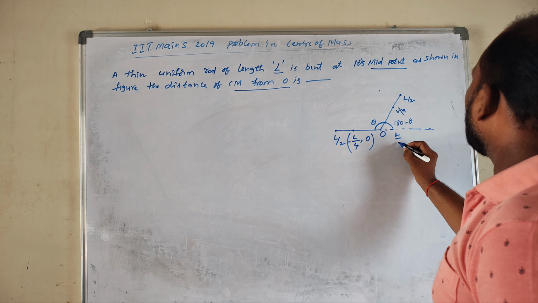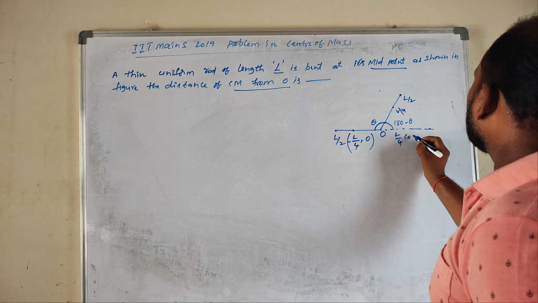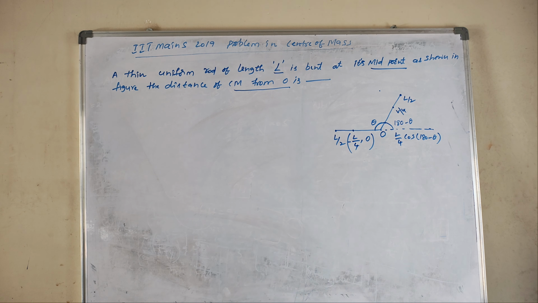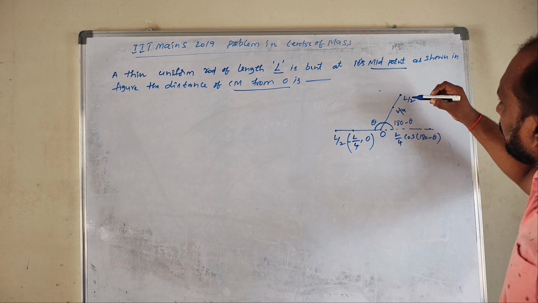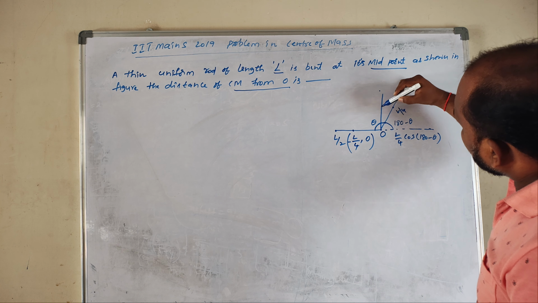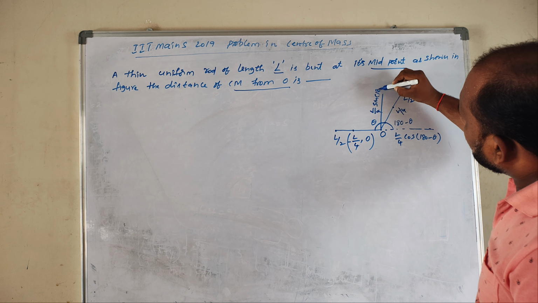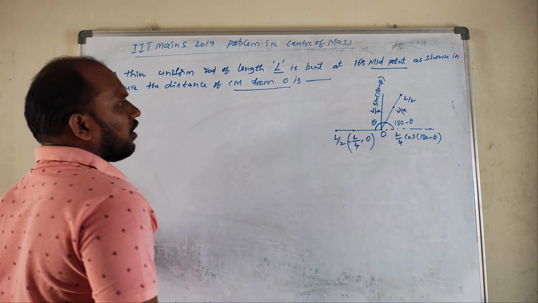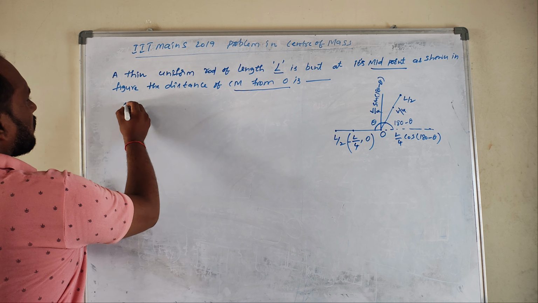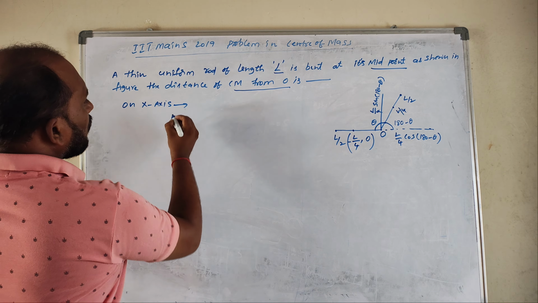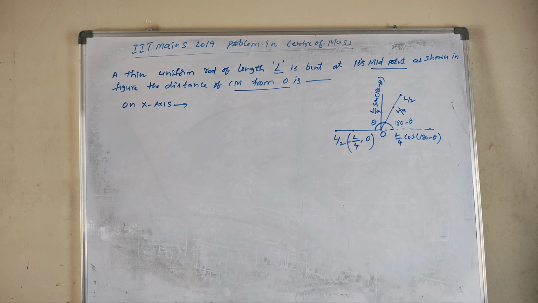So the x-component is L by 4 cos(180 minus theta), and the y-component is L by 4 sin(180 minus theta). Now let's see the coordinates on the x-axis.